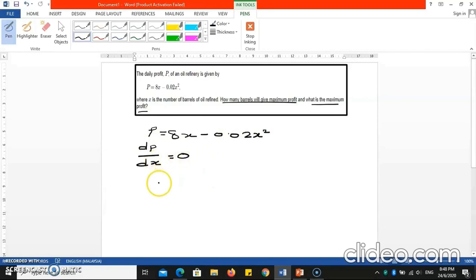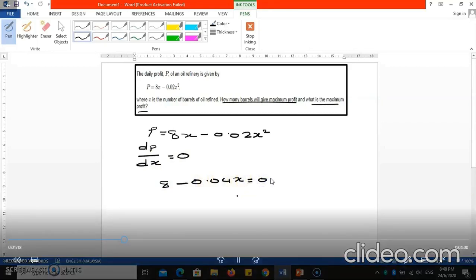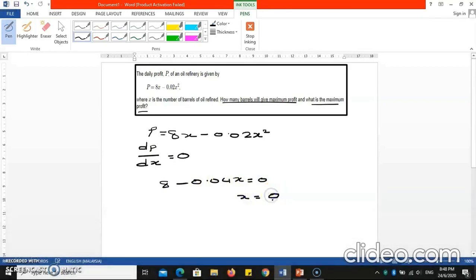So, we must differentiate P, which gives us 8 minus 0.04x equals 0. From the question, we know that x is the number of barrels. So, x equals 8 over 0.04, which is 200 barrels.